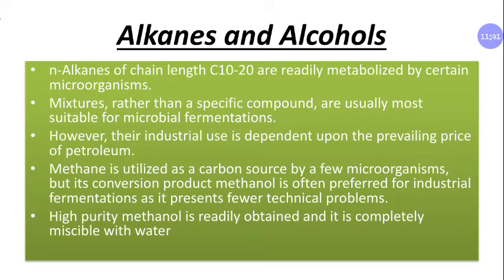But their industrial use depends upon the price of petroleum. Methane is utilized as a carbon source by a few microbes, but its conversion product methanol is mostly preferred for industrial fermentation as it presents fewer technical problems. High purity methanol is readily obtained and is completely miscible with water.